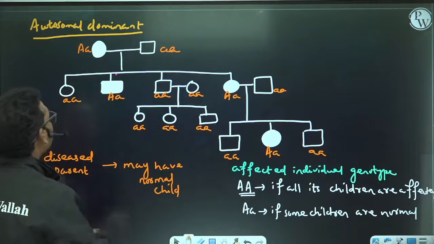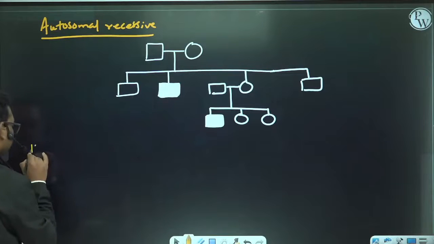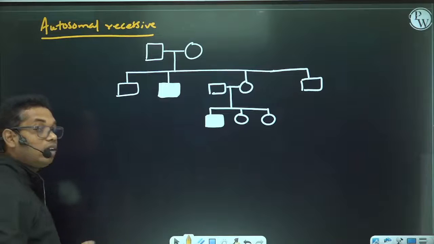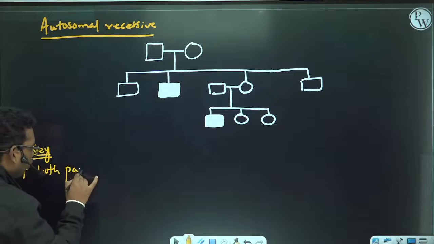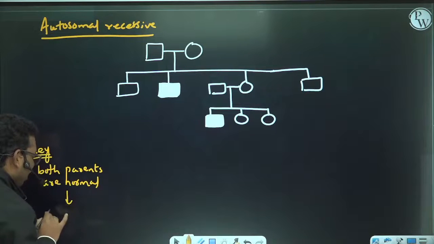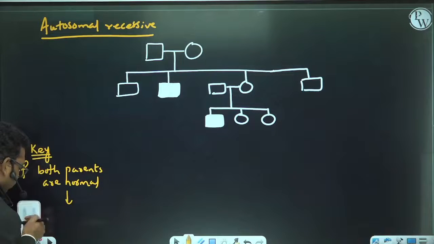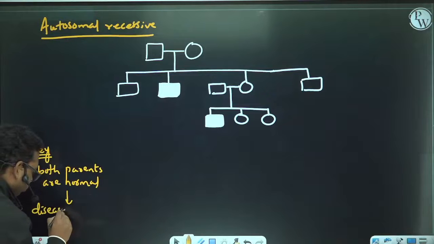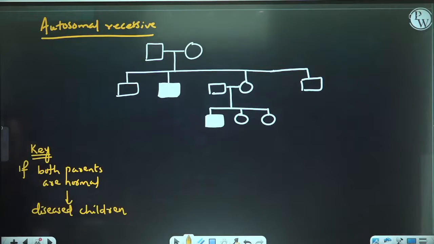Okay. Now, what about autosomal recessive? Here the key is, if both parents are normal and they have diseased children, along with which they can have normal children also, no problem.